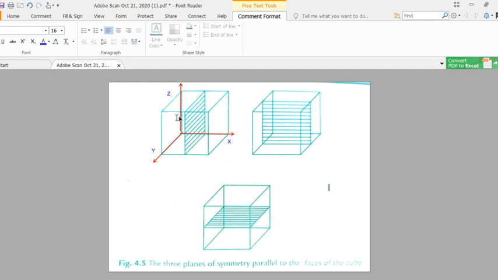The plane which is parallel to the yz, so that is the shaded plane which is intersecting the x-axis. उसी तरह आप एक दूसरा प्लेन सोच सकते हो which is parallel to the zx plane, so that is this one, and which is cutting the y axis. Y axis यहाँ पे है तो ये यहाँ पे y axis को काट रहा है. Similarly this is the z plane, so this is intersecting the z axis exactly at half.